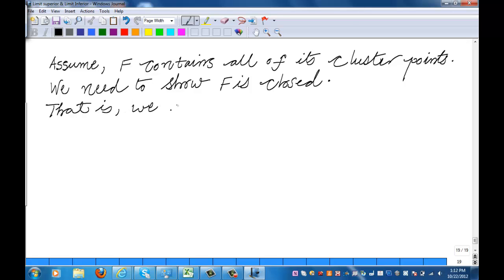We need to show the complement of F is open. Okay, so how do I show that? Anyone? Our assumption is that F contains all of its cluster points, and we want to show that the complement of F must be open.